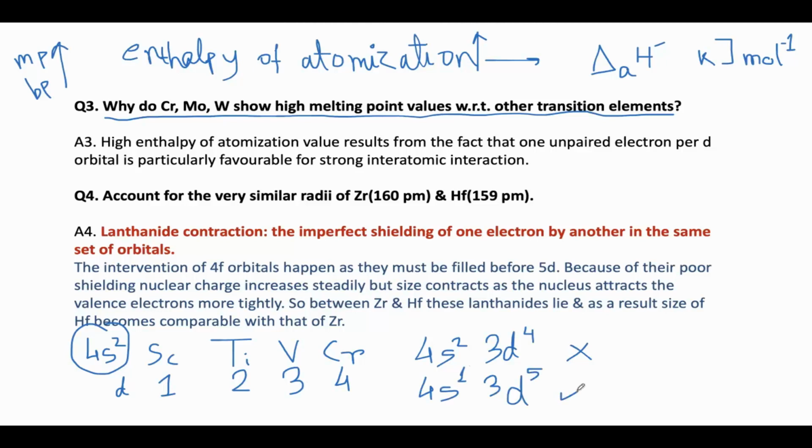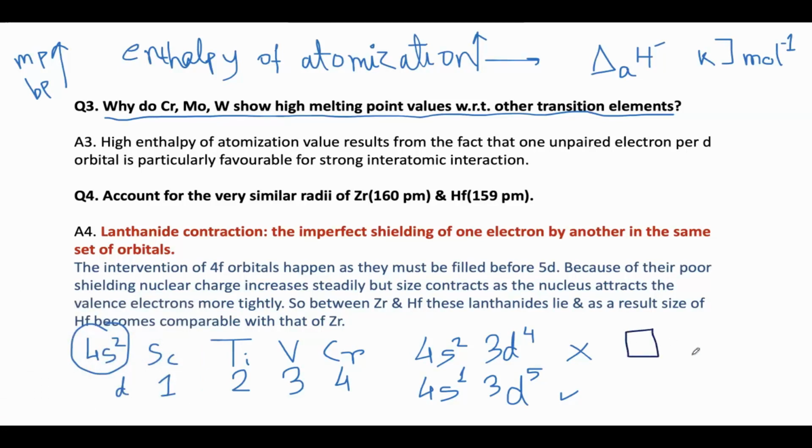This anomaly comes twice in the series. The first is in the chromium group, and later we will come to the copper group. This electronic configurational anomaly in chromium and copper can be beautifully explained by this trick. Firstly, I will show you how to account for this observation.